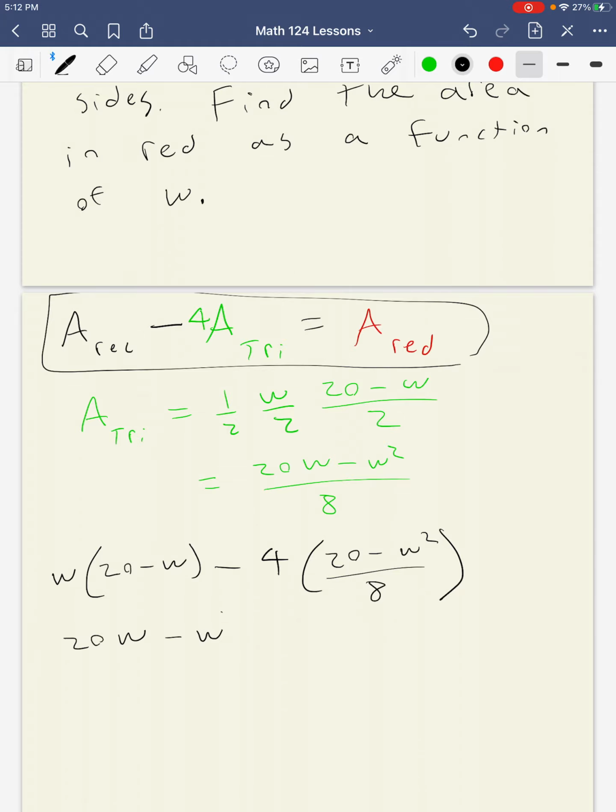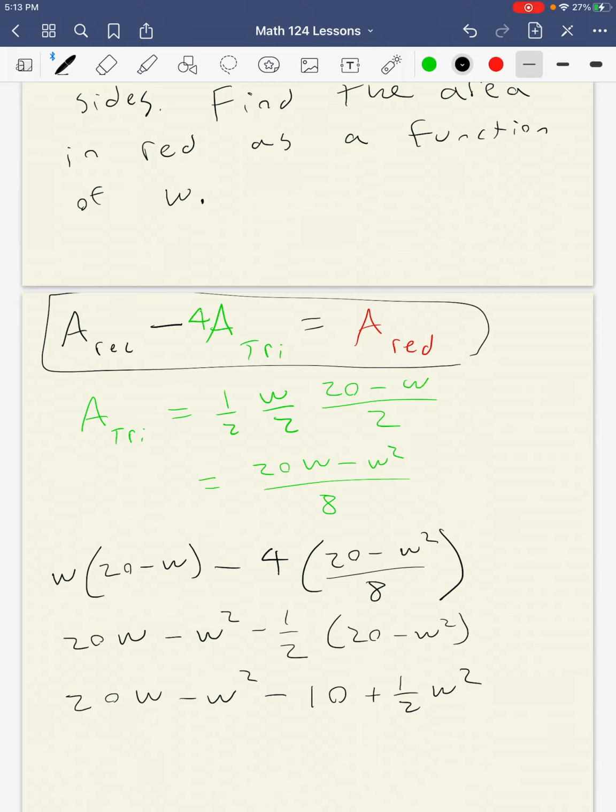So we have 20W minus W squared. Okay, now 4 divided by 8 is 1/2. Okay, so we have 20W minus W squared minus 10 plus 1/2 W squared.